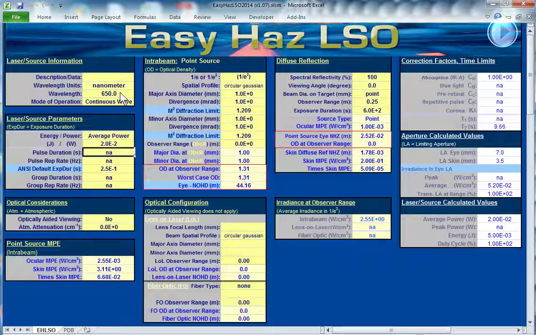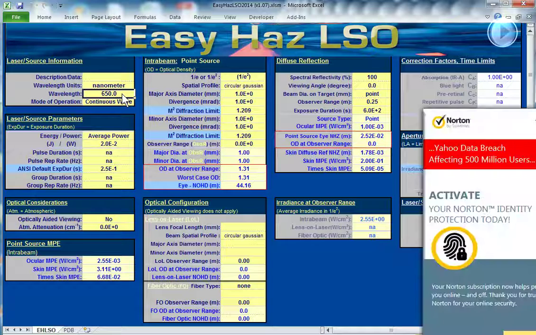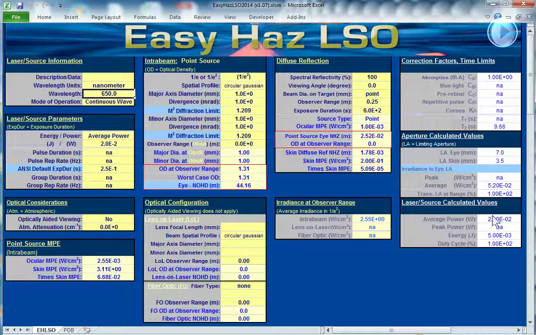So if we had 10 milliwatts in 650 and we were pushing it to the 532 wavelength, we'd say the 532 has 10 milliwatts, the 650 has 10 milliwatts times the ratio of the MPEs, which is 1, so it's 20 milliwatts. So in that case, we're pushing it all to the 532, 20 milliwatts, and an OD across the range of 532 to 650 of 1.31.